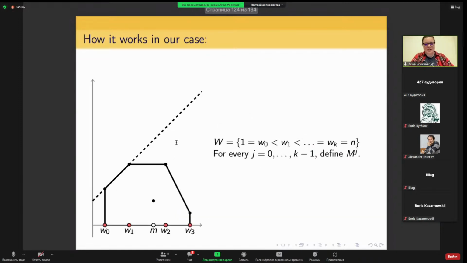So the idea is as follows: when you draw this tent for the covector gamma, you obtain some polytope, and then if you project this polytope onto the plane, you get a subdivision of an interval, and the vertices of this subdivision are precisely the points such that the point hanging over them is a vertex of this union of trapezoids. And this subset I denote by W, like in my work.